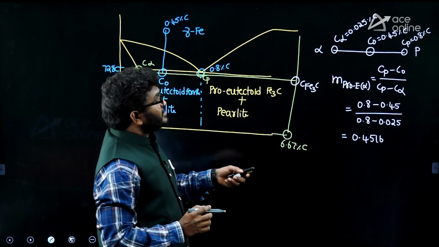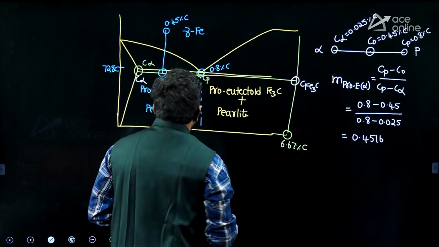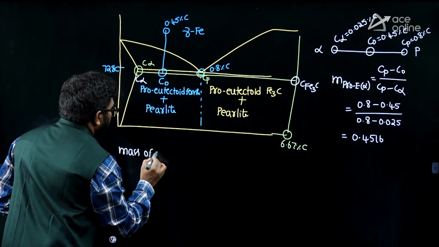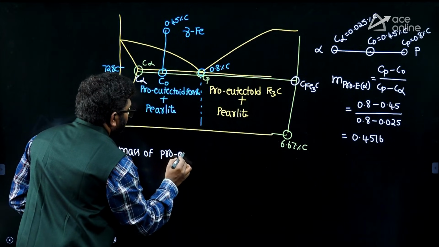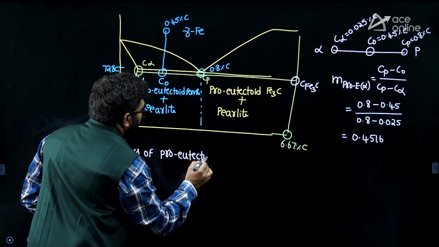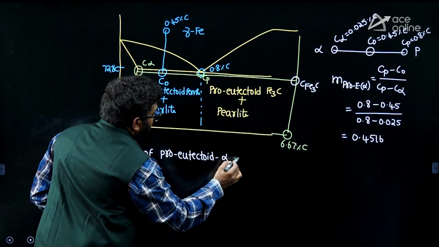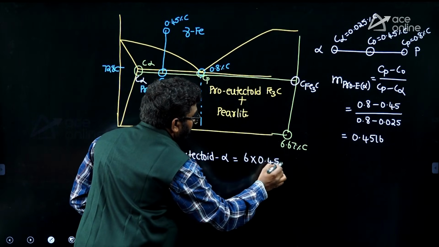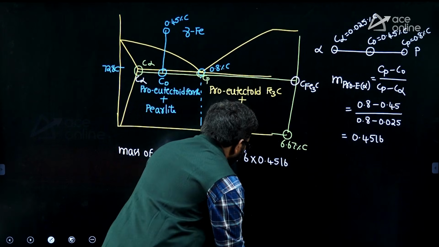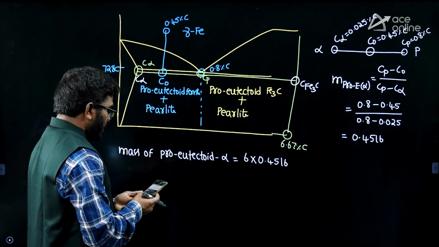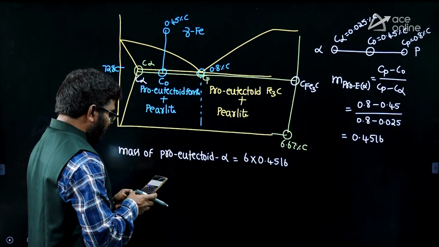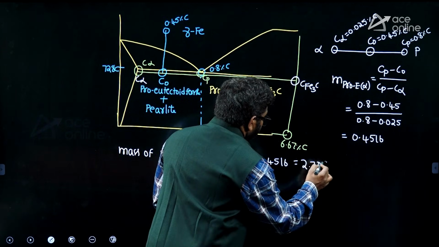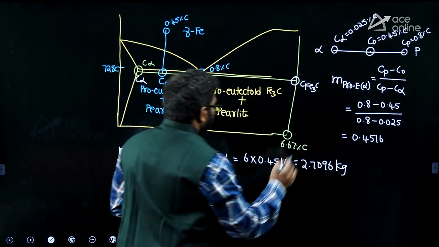If I multiply with 6 kg, I will get the mass of proeutectoid alpha equal to 6 kg into 0.4516, that is 2.7096 kg.